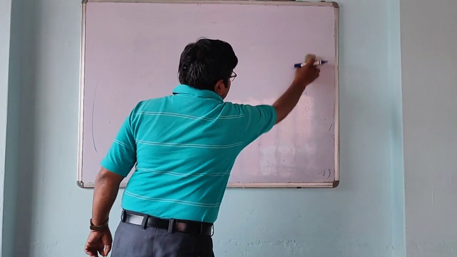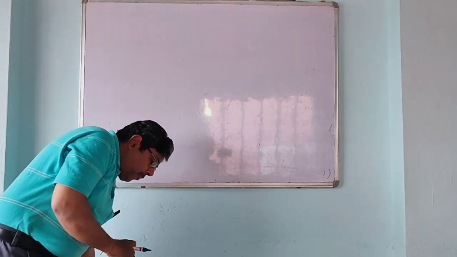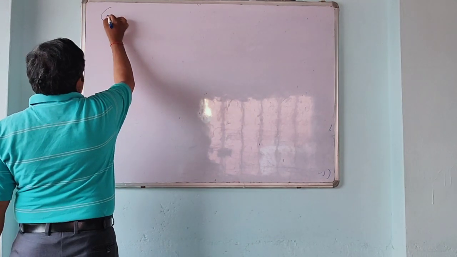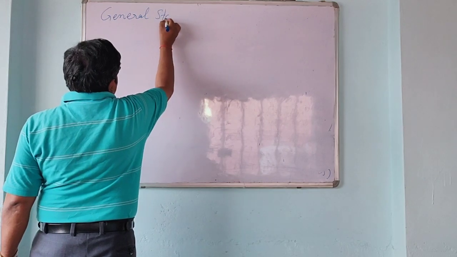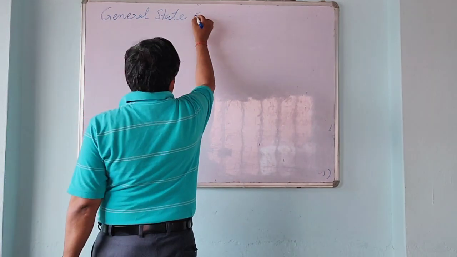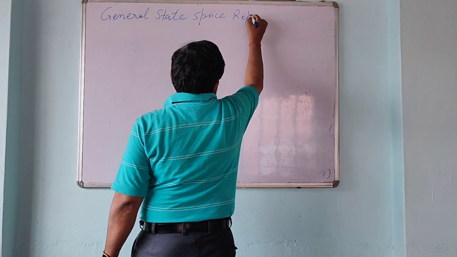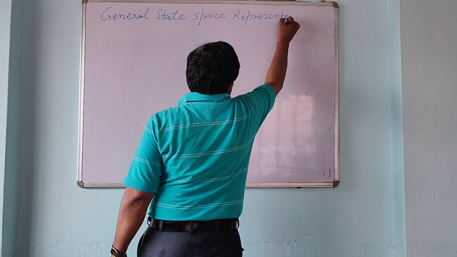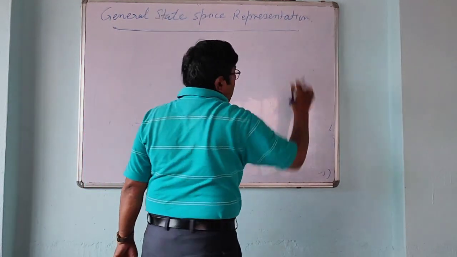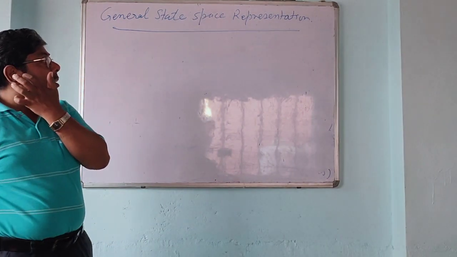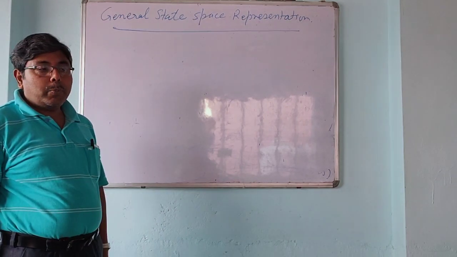Before starting general state space representation, how can we represent in a general form for a system in a state space?